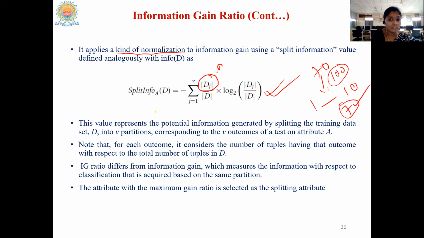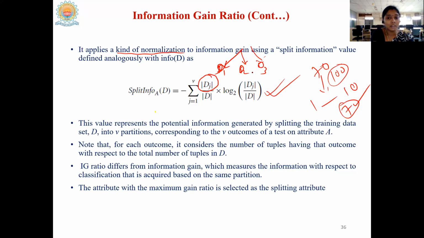Suppose this is D1. D1 is the data set of partition 1, which may be the result of one outcome, and D2 may be the result of another outcome, D3 of another.